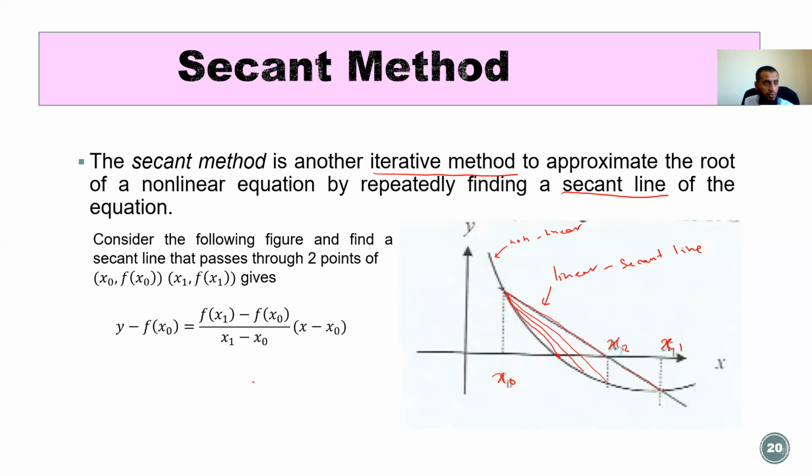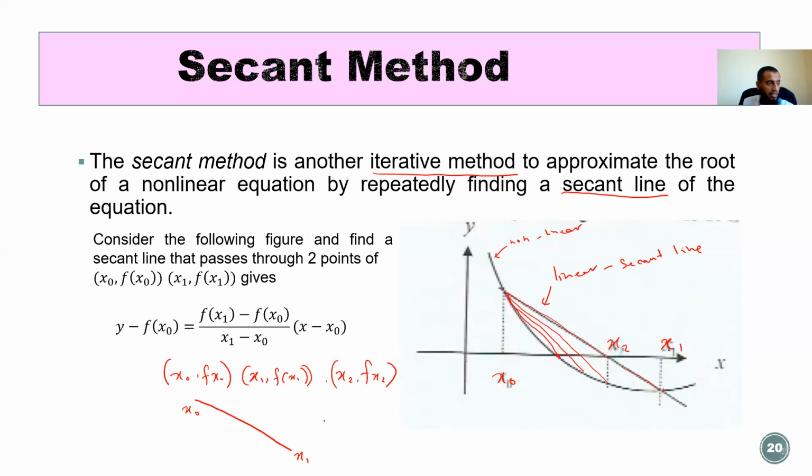So now we have x1, f(x1), and then x2, f(x2), and also x0, f(x0). So there are two lines. Please imagine this line: this is x1, x0.